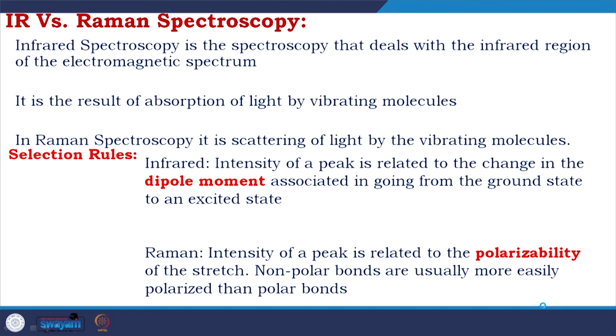That is where we find these two techniques complementary to each other. In IR, the larger the dipole moment, the stronger the band. In Raman, the non-polar bonds have more tendency to polarize, and the polarizability is measured.